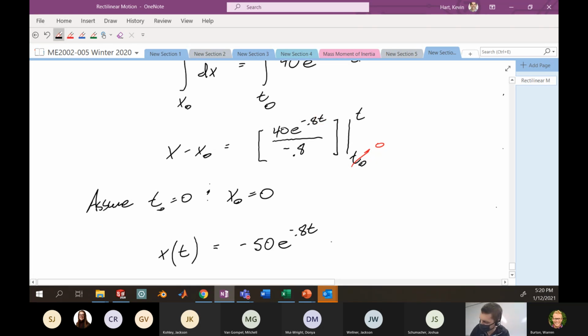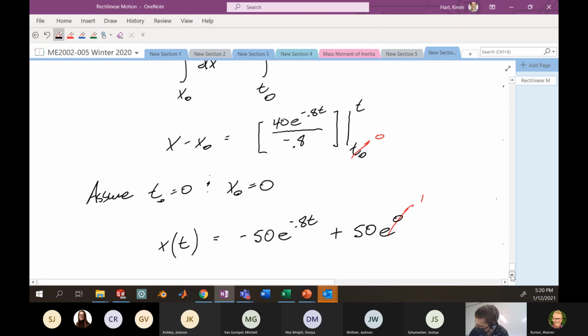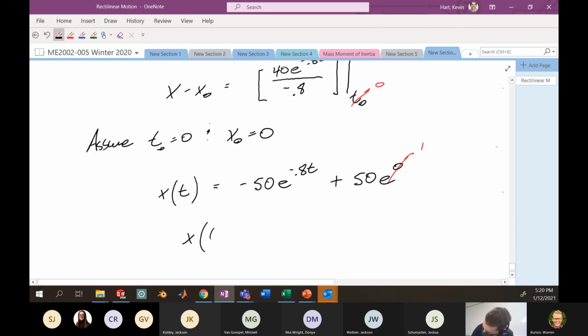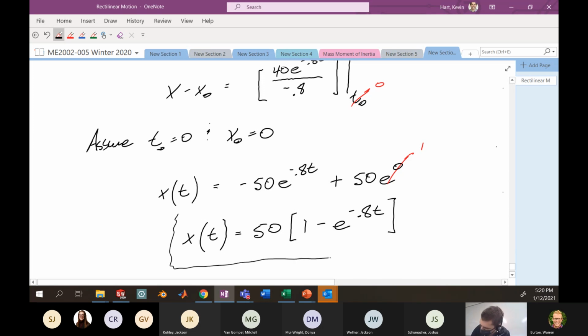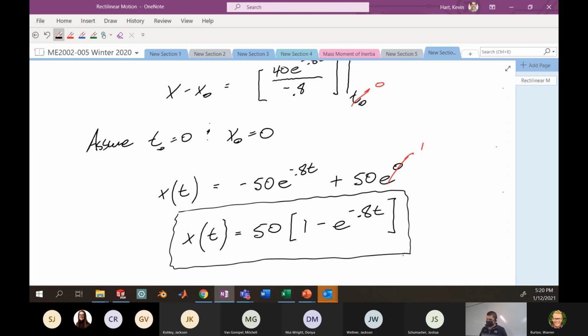So I'm going to end up with minus and negative, which will be plus 50 e to the 0, which here is 1. If you rearrange this a bit, 1 minus e to the negative 0.8 t. Don't get tripped up by those weird exponentials. E to the 0 is 1.